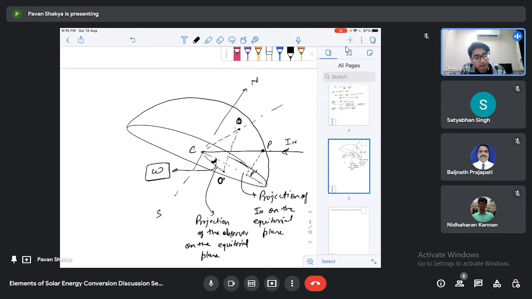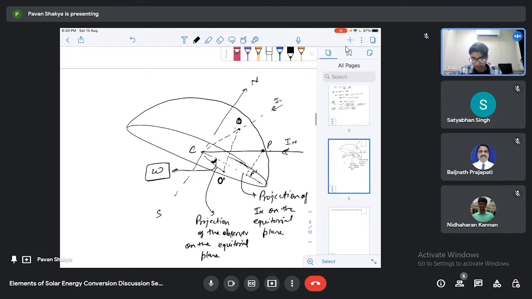If we plot a horizontal plane at this observer location, then we will find that at solar noon the sun ray is perpendicular to this location. Then at solar noon, the projection of this IN will be the same on this line CO dash. That is why we say that omega is 0 at solar noon.